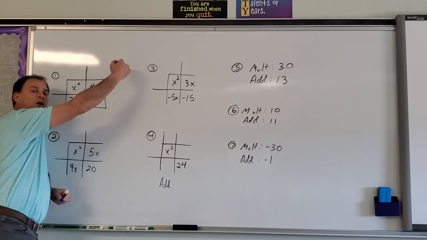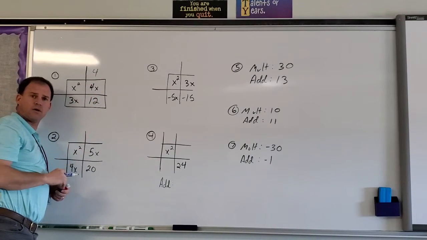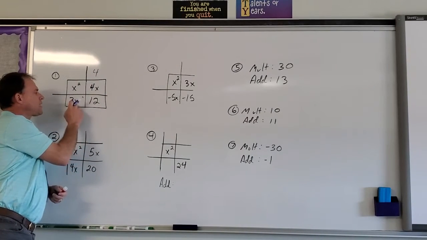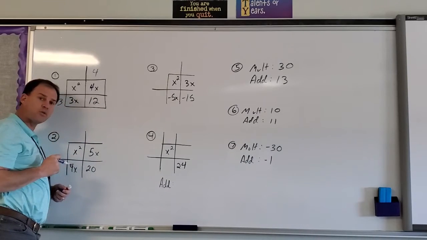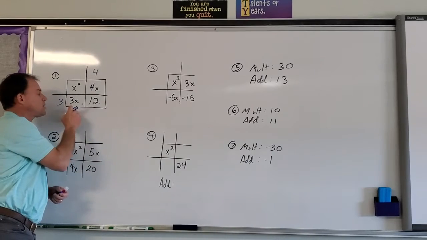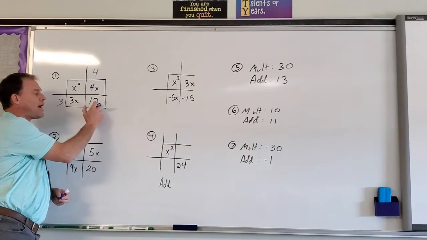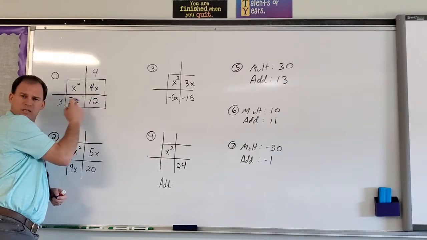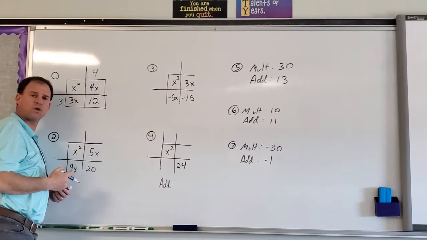So I can work backwards and figure out, well, what goes into both of those? 4 goes into both of those. If I work backward here, I got a 3x and I got a 12. I can work backwards and say, well, there must be a 3 out here because that's what goes into both of them. It wouldn't be a 3x because there's no x in this term, right? You have to see it in both terms for it to work.